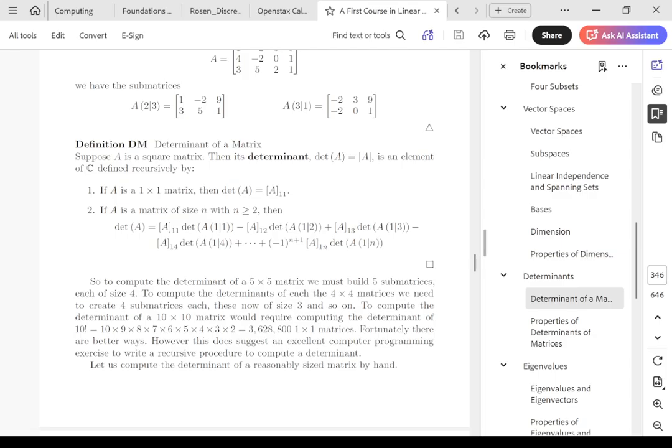Now in the definition, it states to expand along row 1, and later we'll see that I can really expand across any row or column.